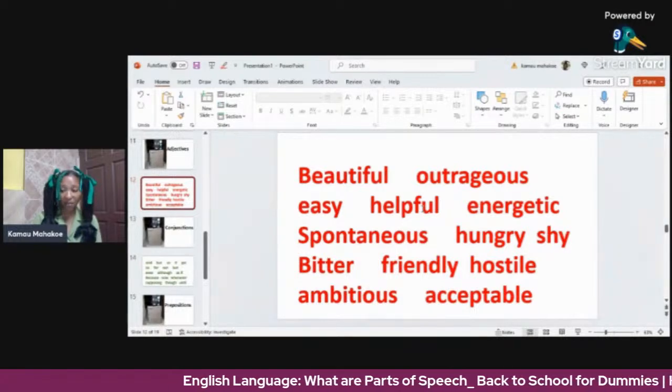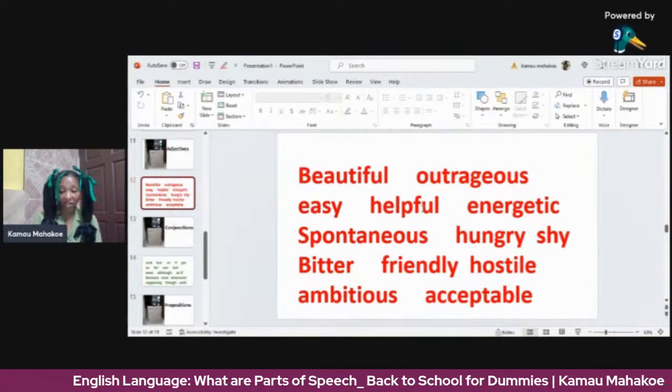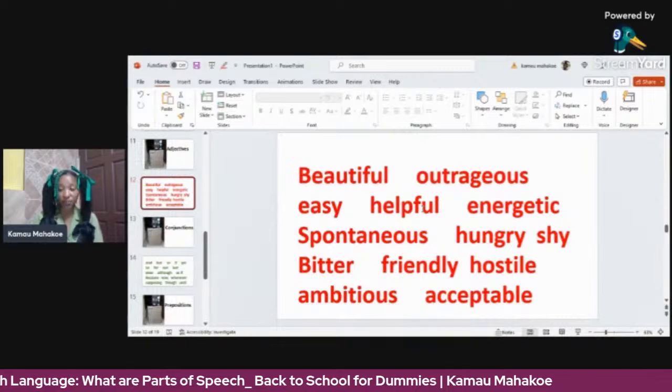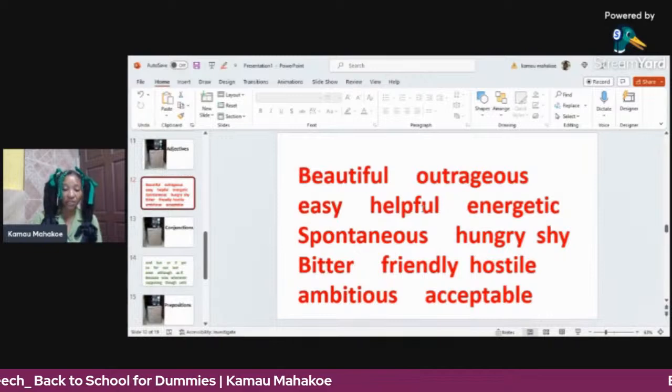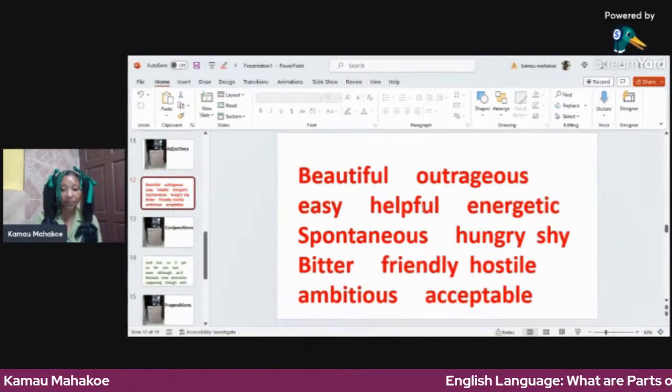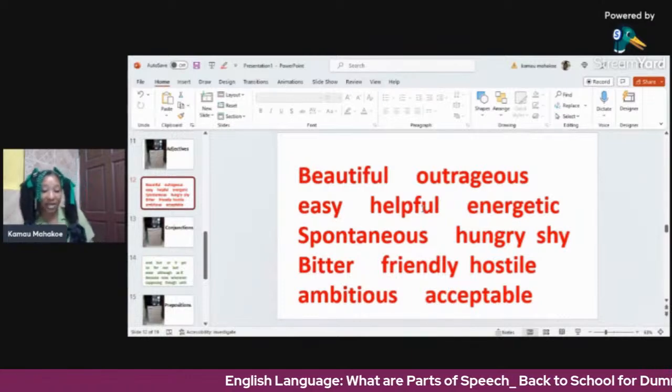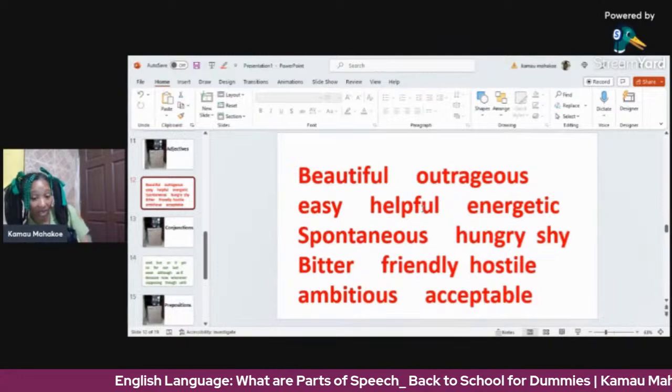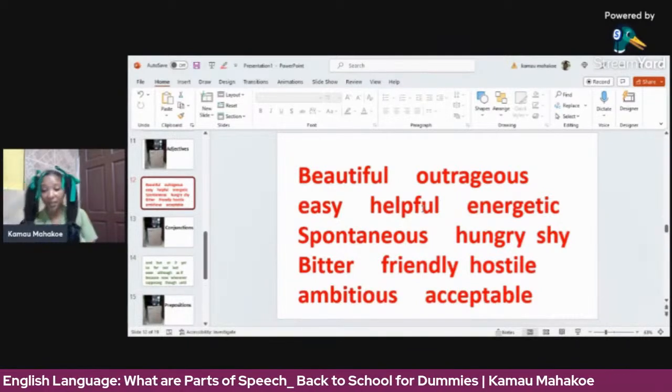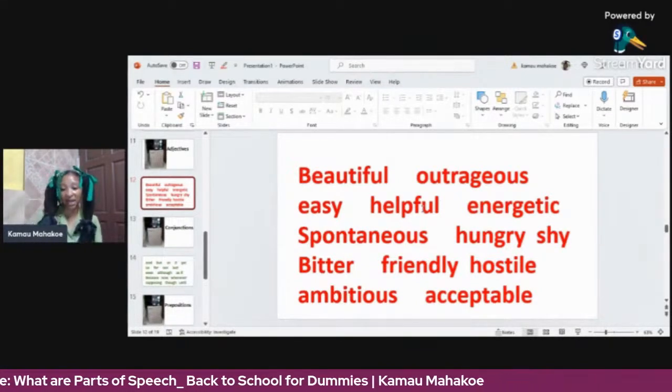I want to befriend the person. That's an action. I want to do something to make this person my friend. I want to befriend. So just by adding the prefix be in front of it, I make it into a verb. Or if I start with friend and I add ly, friendly, then it becomes an adjective.